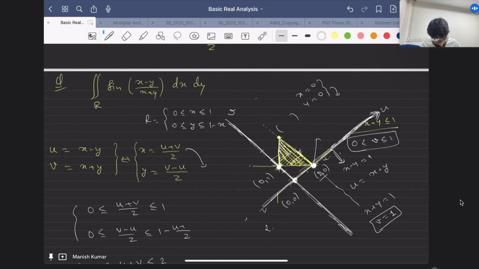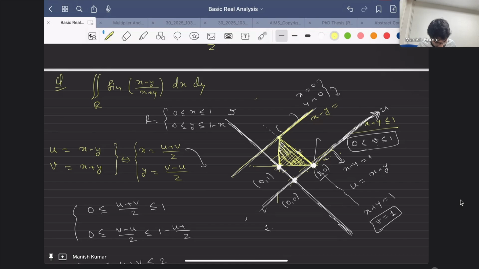So what was this line? In the previous coordinate, this was x minus y equals to something, parallel to u. Okay, parallel to u, so this would be x minus y equals to some lambda. No, let me write it precisely. So earlier what was this point?